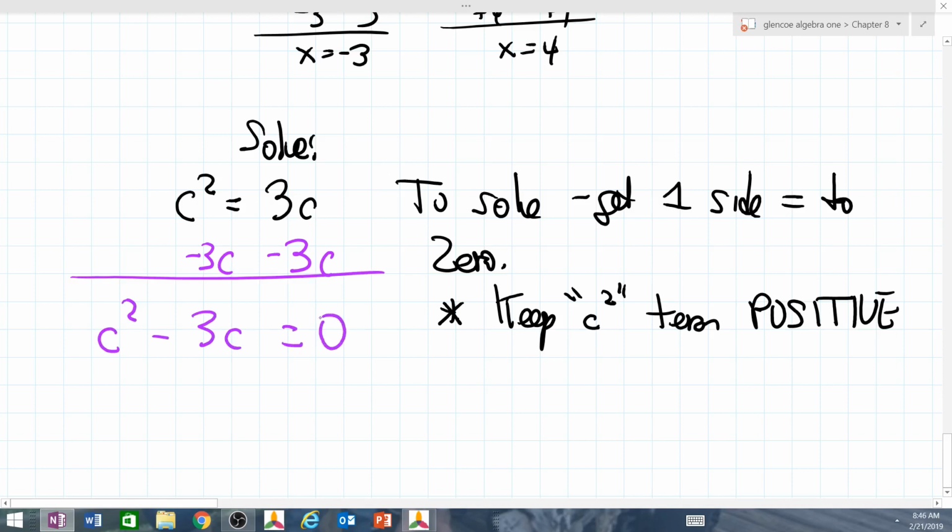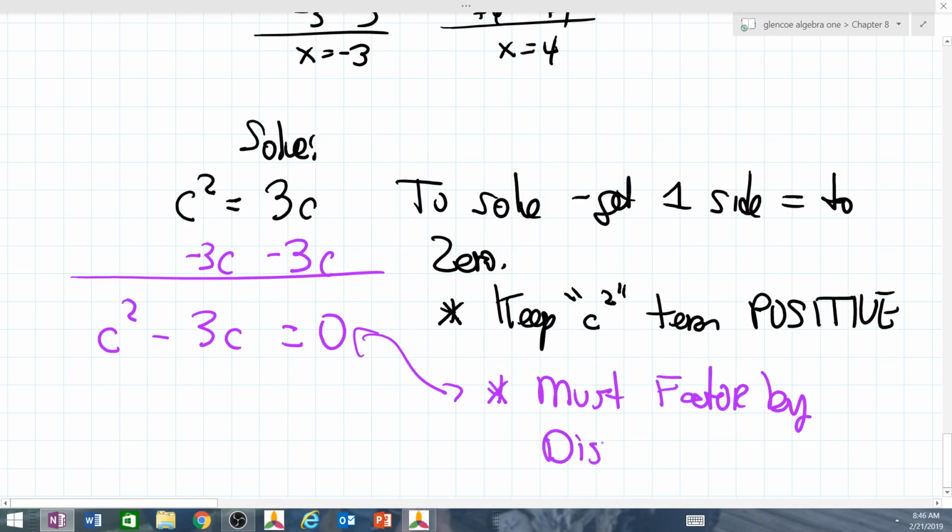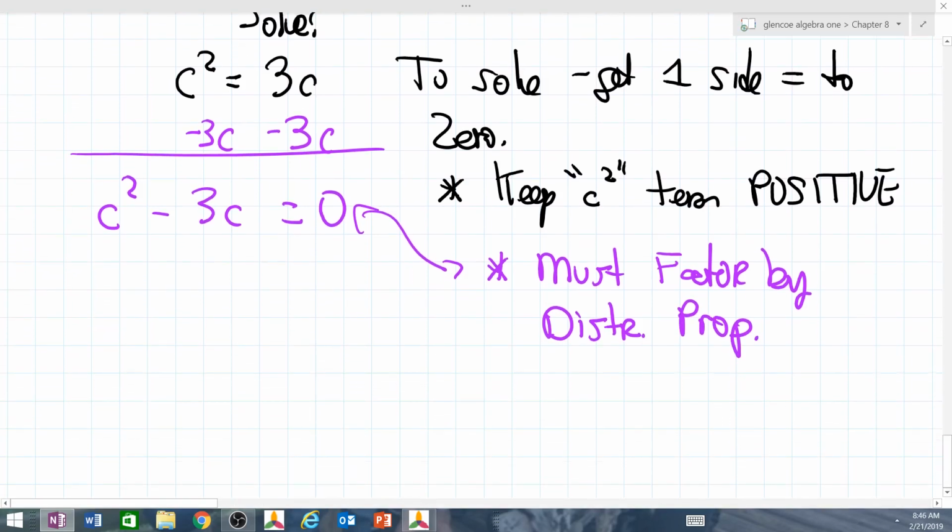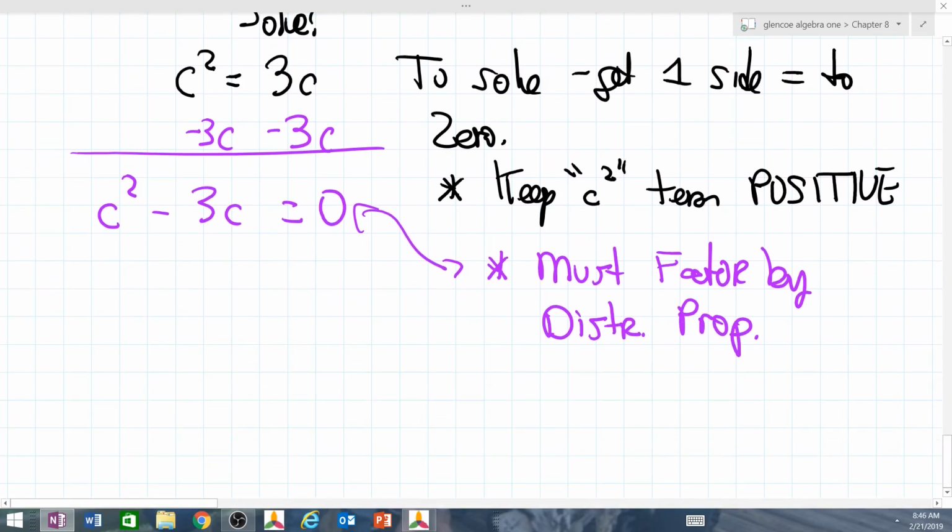Okay. Hey, that looks great, but it's not factored. That's a great observation. So now I must factor by the distributive property. So now it's going to look just like what we did at the very beginning of the lesson. We must factor it first. Okay? How many terms are there? 2 terms.